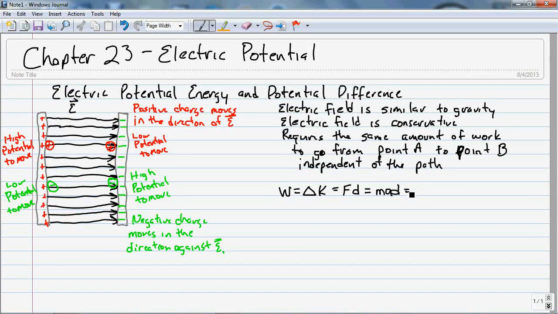In terms of mass and velocity, it's 1/2 mass times velocity at B squared minus 1/2 mass times velocity at point A squared.